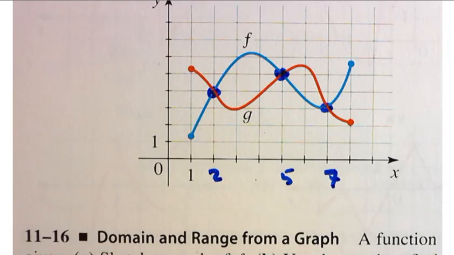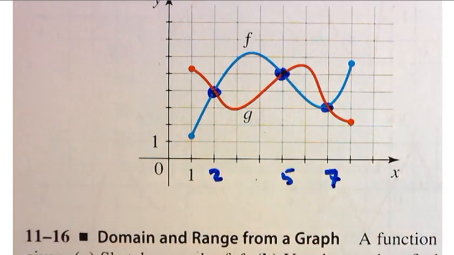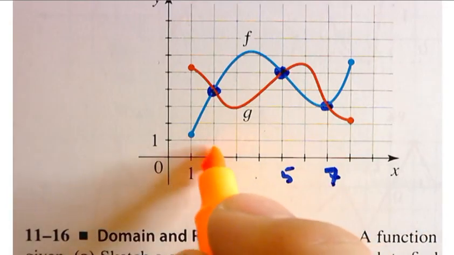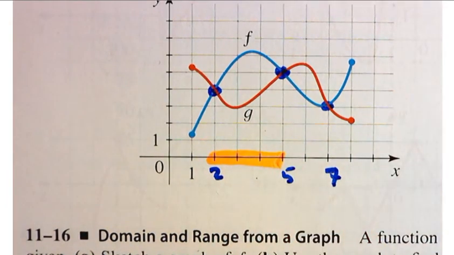So those are going to be intervals along the x-axis. Where does f start being bigger than g? At what point of x? 2. And it's going to stay bigger than g until they meet again. So 2 to 5. Is that it? Is that where that stops? F of x is only bigger than g between 2 and 5?